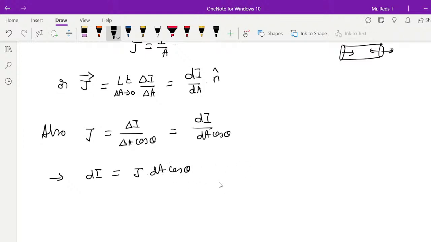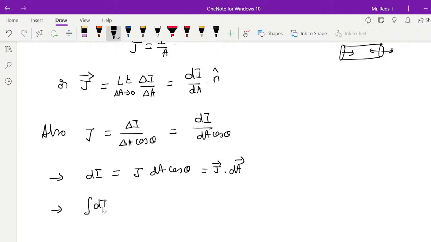You know, a product AB cos theta can be written as the dot product of two vectors, A dot B. Similarly, you can write this as J vector dot dA vector. So in terms of current density, if you want to find the current, you have to take integration.